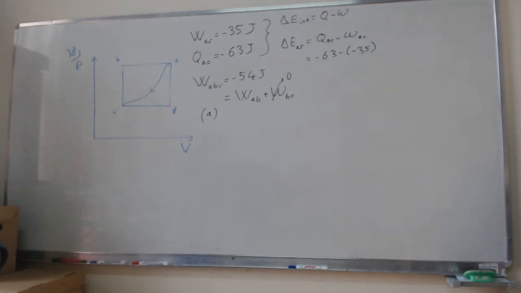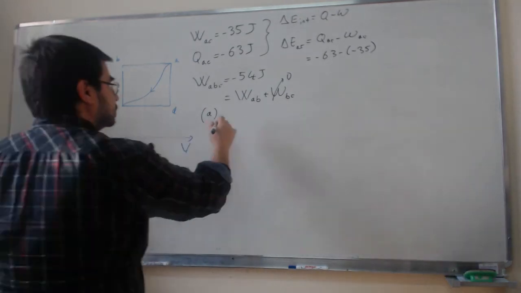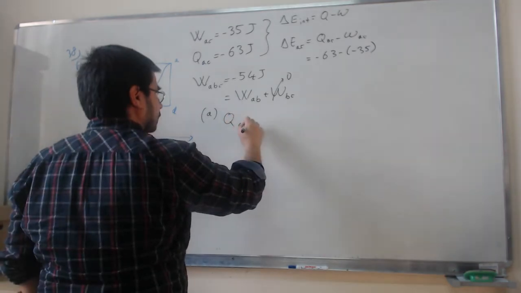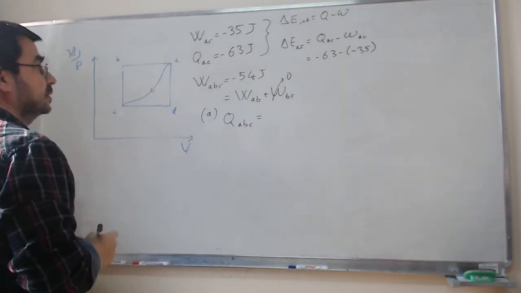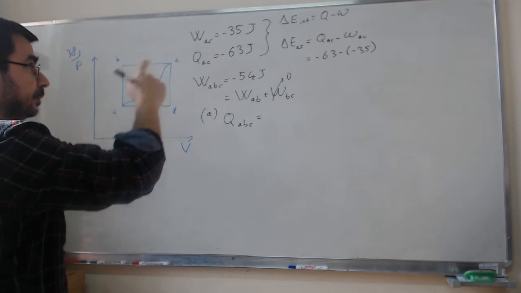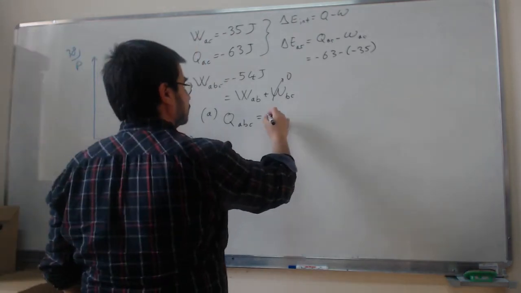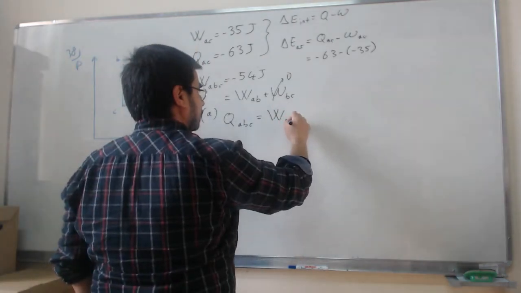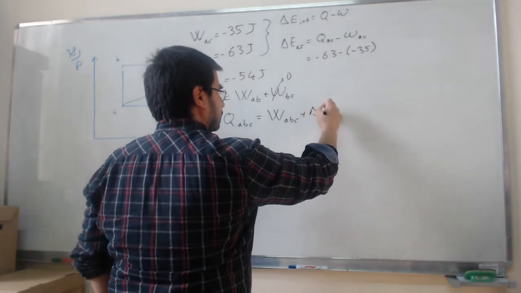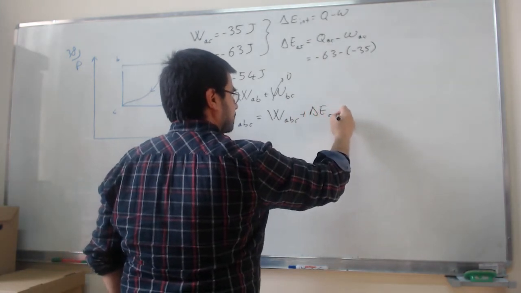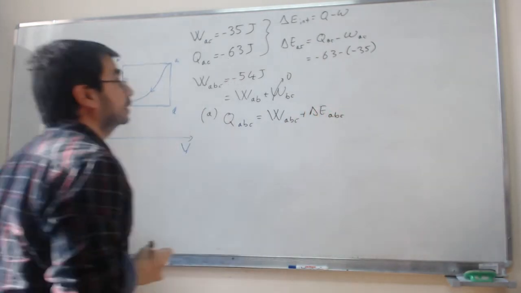So what is the Q for path ABC? Q_ABC, by the first law of thermodynamics, is just going to be W_ABC plus delta E_ABC. Let's not write internal here, it's just too much clutter.